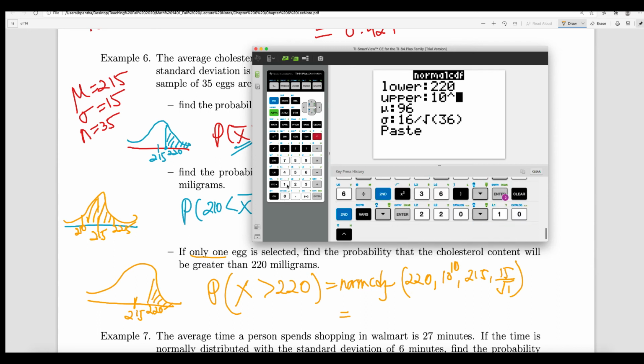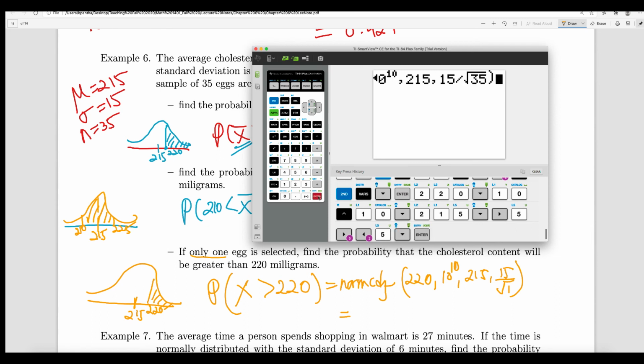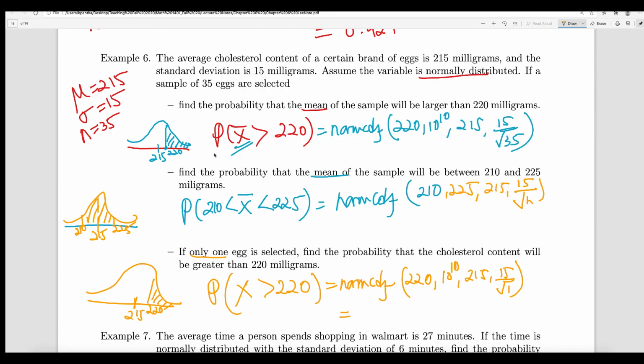And then the mean is 215. And then sigma will be sigma over root n. That will be 15 divided by root 35, right? So sigma over root n. And go to paste. If you hit enter, you will get 0.0243. That is the answer for the first one, 0.0243.